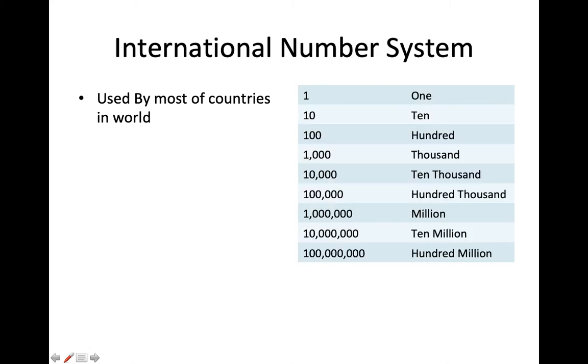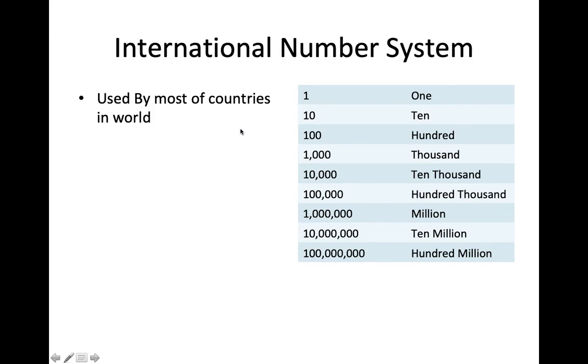Now let's move to the international number system. The international number system is followed in most of the countries of the world. According to this, if you want to read a number, the first digit is our ones place, the same as the Indian system.